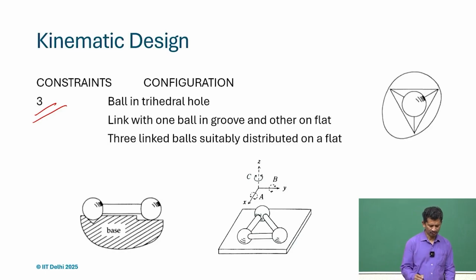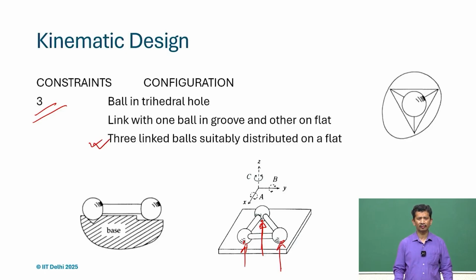The easiest way is to get three contacts on the surfaces, which is three link balls suitably distributed on a flat. In this case, what we observe is that there will be a planar motion only. So, it can move in the plane. So, x translation and y translation and z rotation we will have.